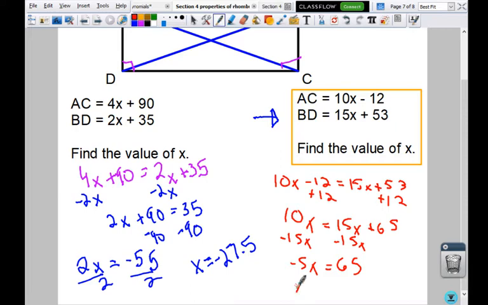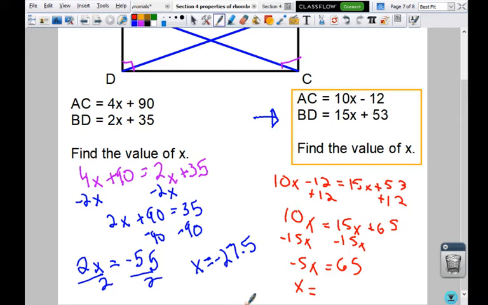It's negative 13. And what do you get, Tyler? I got 8.2. I got negative 13. I did it a different way. That's why I didn't do it that way. Austin, what'd you do?